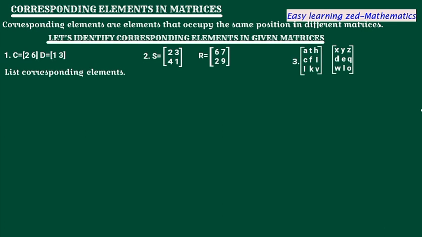In example 1, we have matrix C, which is 2, 6, and matrix D, which is 1, 3. We want to list the corresponding elements.